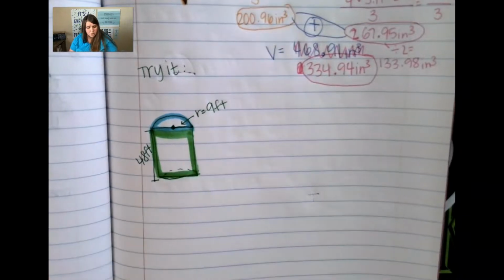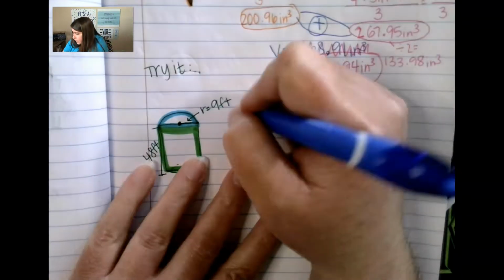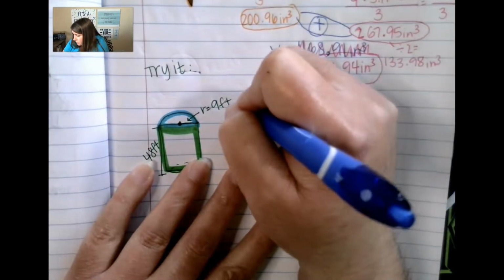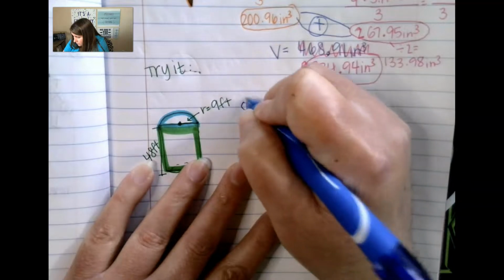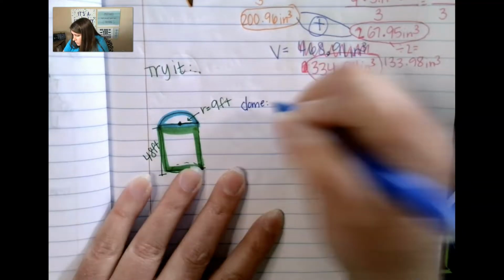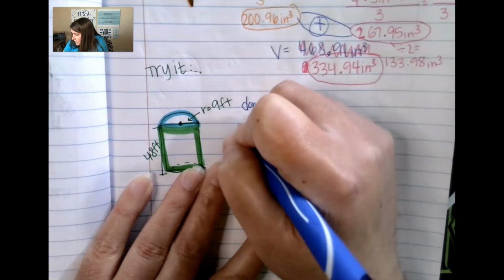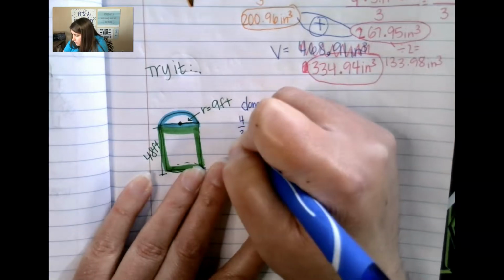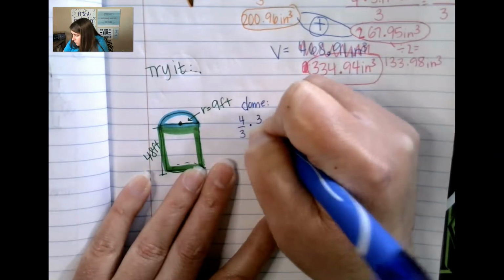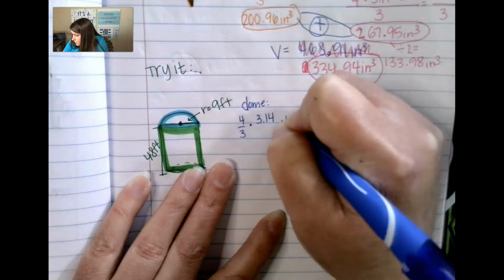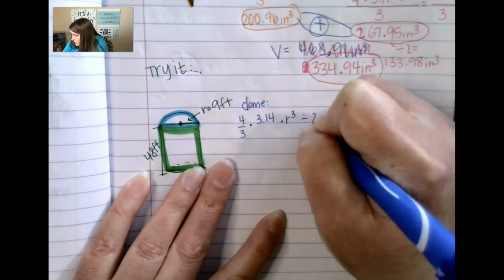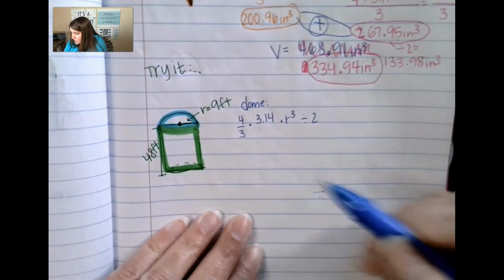Let's start with the dome so that we don't forget. So we're going to start with our dome shape. To find the dome shape, we have a radius of 9 feet. So we're going to do 4 over 3 times 3.14 times r cubed. And again, we have to divide all of that by 2 at the end.